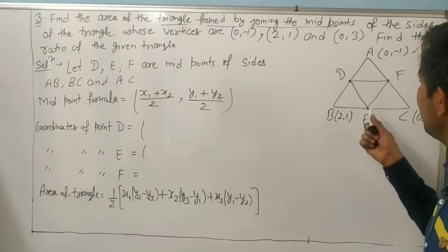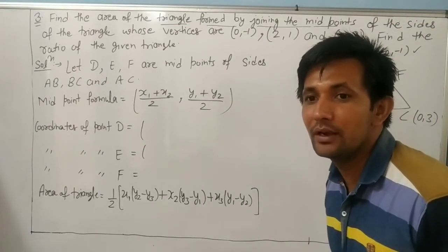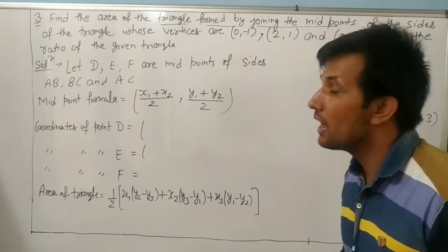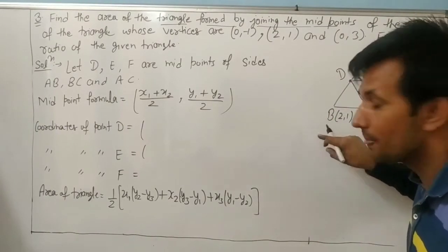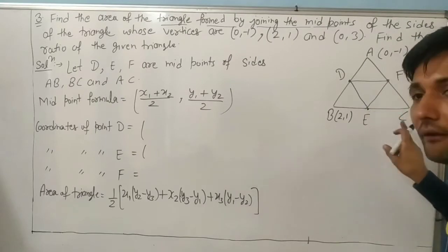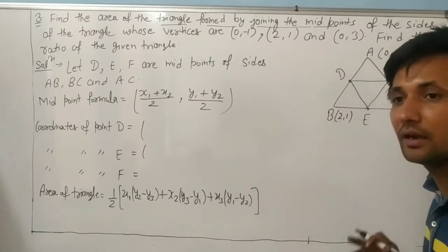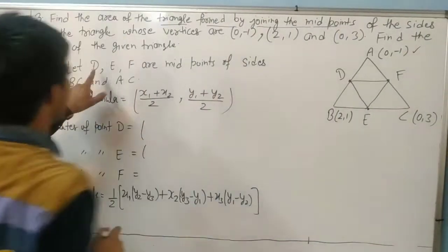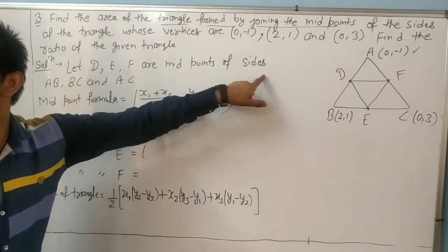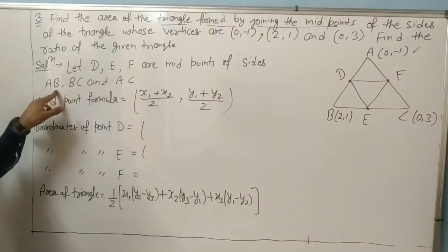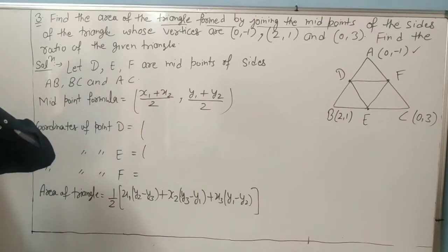If you want to find the area of DEF, we should first know the coordinates of all these 3 points. D is the midpoint of AB, E is the midpoint of BC, and F is the midpoint of AC.